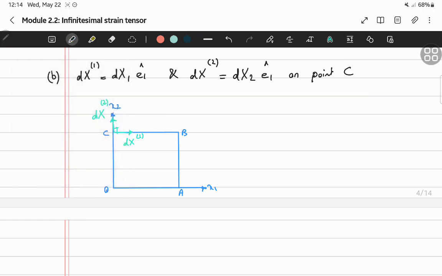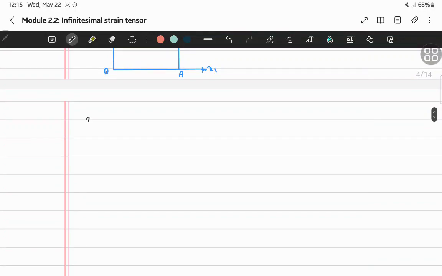So here what we do is, now we want to get the deformed shape. So let me just go in here.